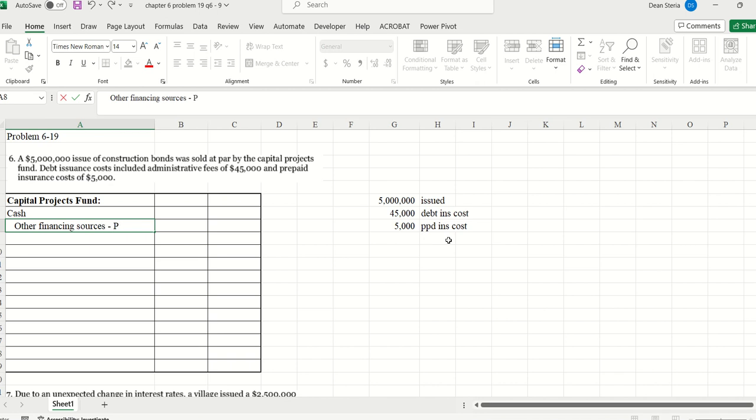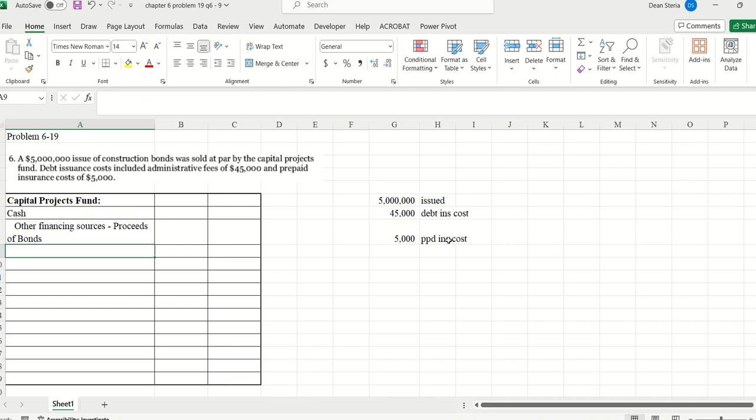Proceeds of bonds. So that would be the 5 million. 5 million there also. Okay, so we issued the bonds.